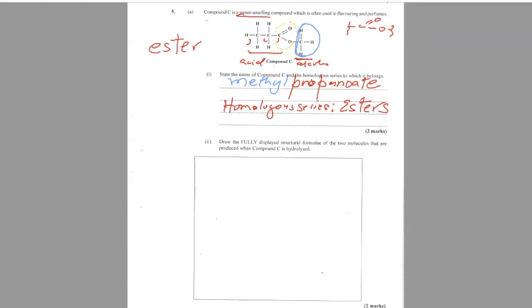When the compound was formed to begin with, we would have had the OH from our acid joining with the H from our alcohol. And that part would have been pinched off, for want of a better word, to give us our water. So in the backward reaction, which is what we're doing now, we're going to look at the ester bond.